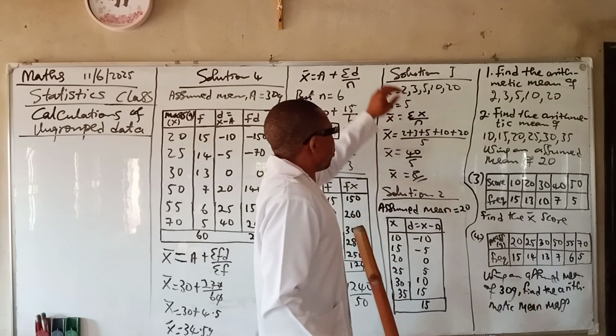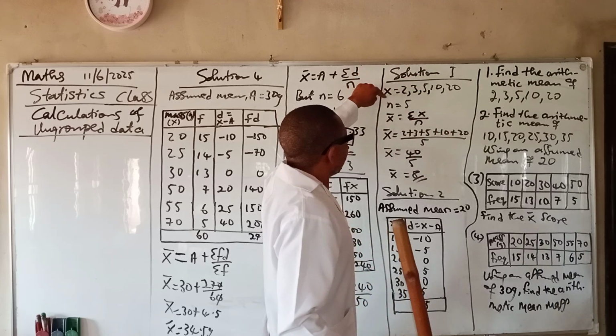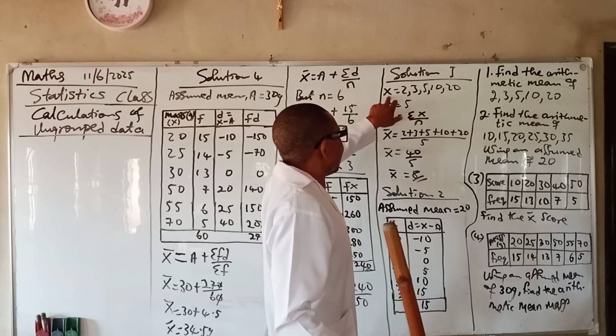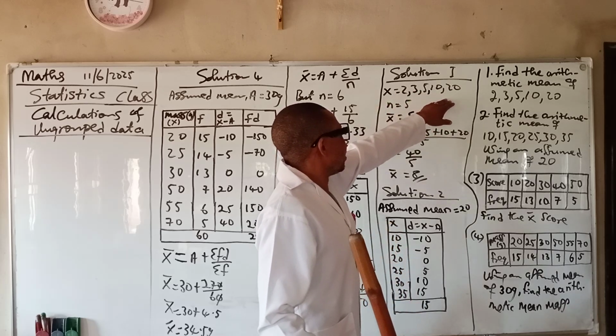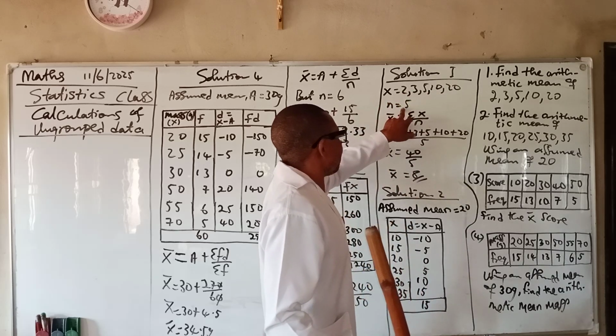So in the solution, the x values, that is the data displayed representing x, are here. Then n shows the number of data displayed, which is 5.